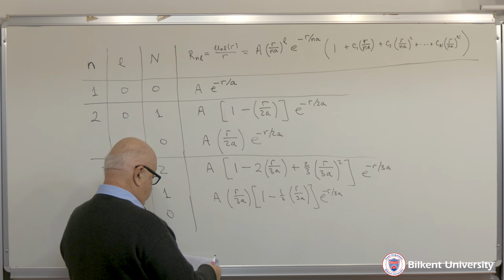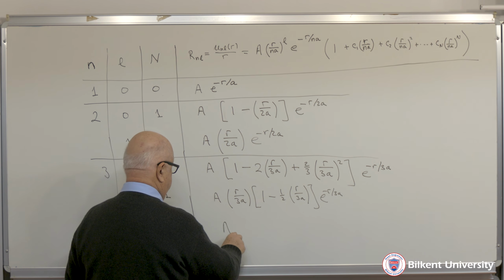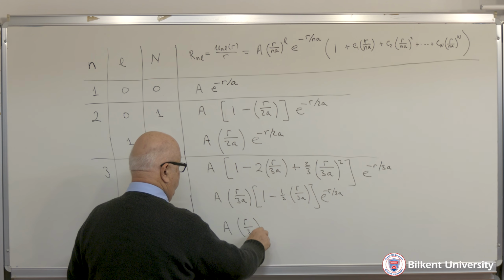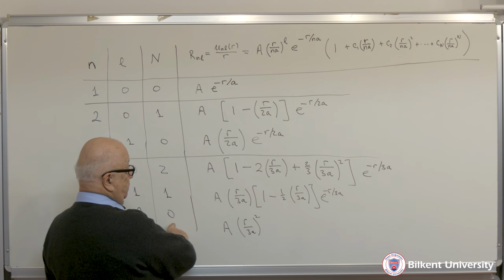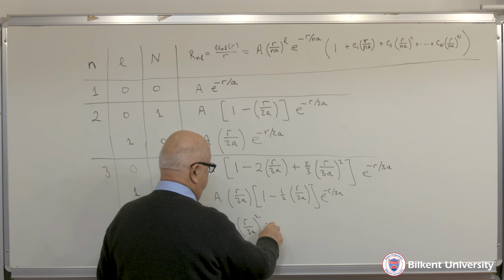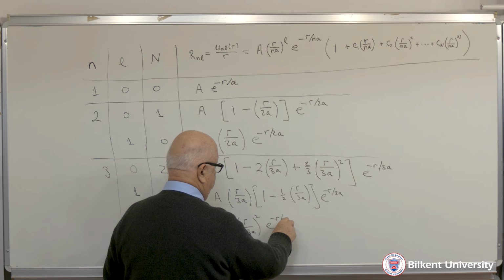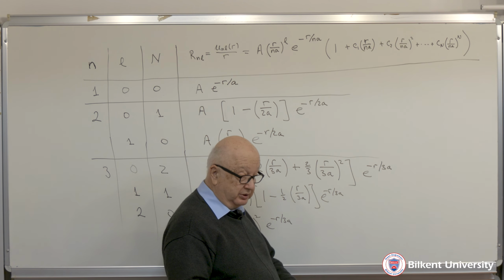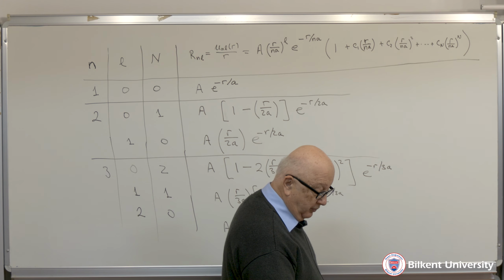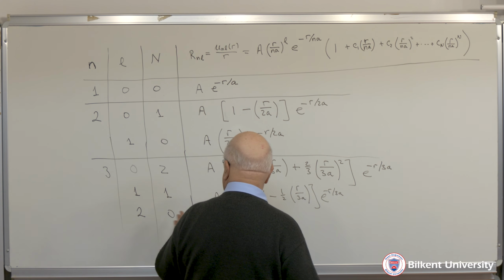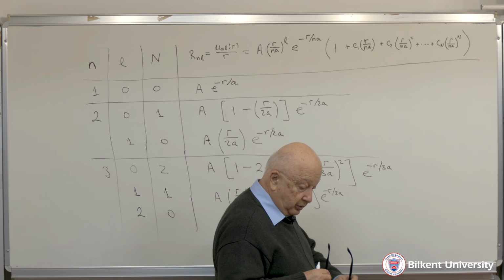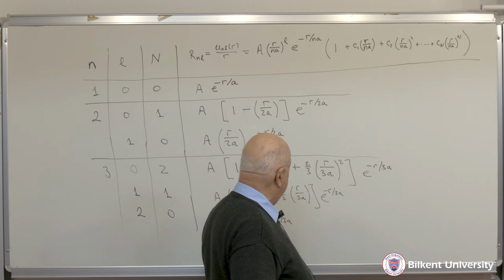For L equal to 2, it's easiest because it's going to be r over 3a squared, and a 0th order polynomial, so nothing there, times e to the minus r over 3a. So you get the idea. That's how these things go, and you just generate more and more terms as you go to higher n.